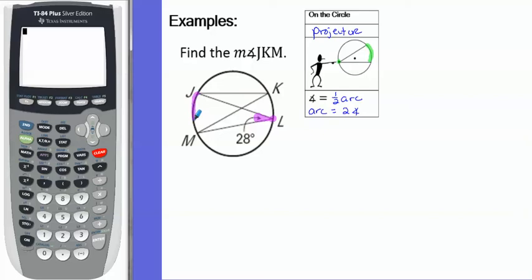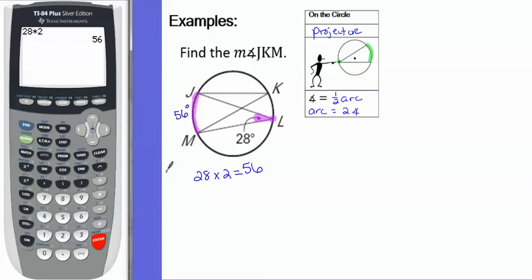The flashlight is shining here. So if this is 28, I got to get bigger, times 2 is 56. So arc JM is 56 degrees.